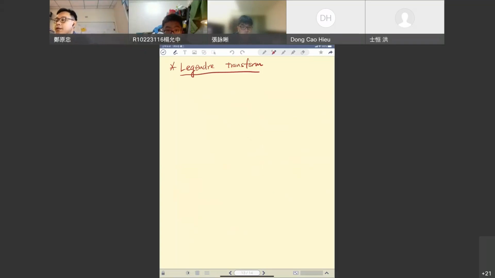So generally speaking, let's assume we have a function f, and f is a state function over many variables. Let's say f is a function of s1, s2, s3, and we can make it more general.